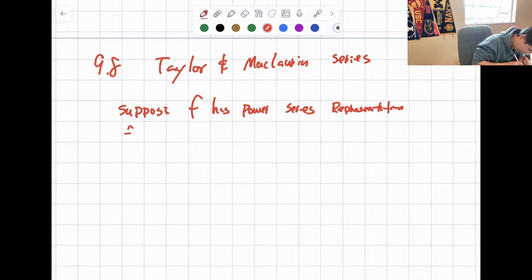Power series representation. We already know that f of x is equal to the summation of n equal to 0 to infinity of a_n times (x minus c) to the n.